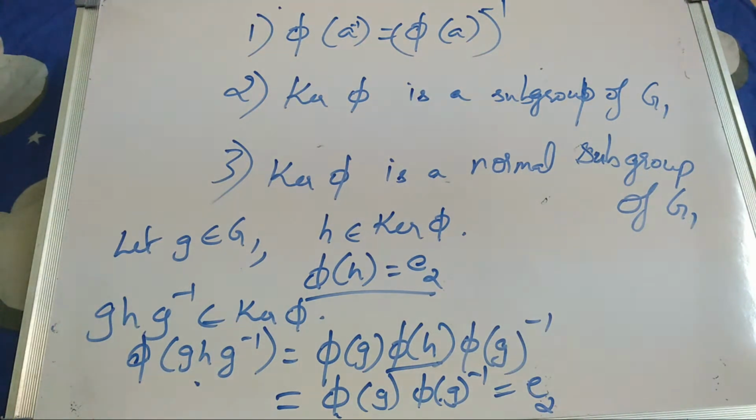So 0 and 3 is a normal subgroup of Z6. So our aim is going to be to say something is a normal subgroup using homomorphisms. So in the next class, we will define quotient groups using normal subgroups, and then we will proceed on to the first fundamental theorem. Okay.